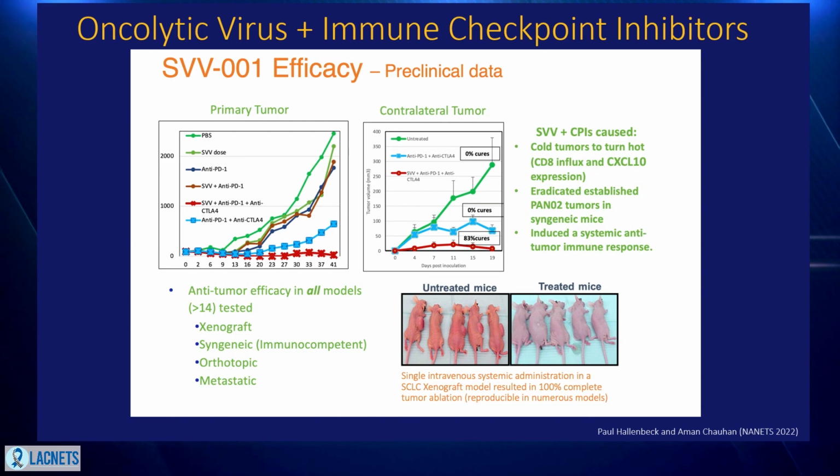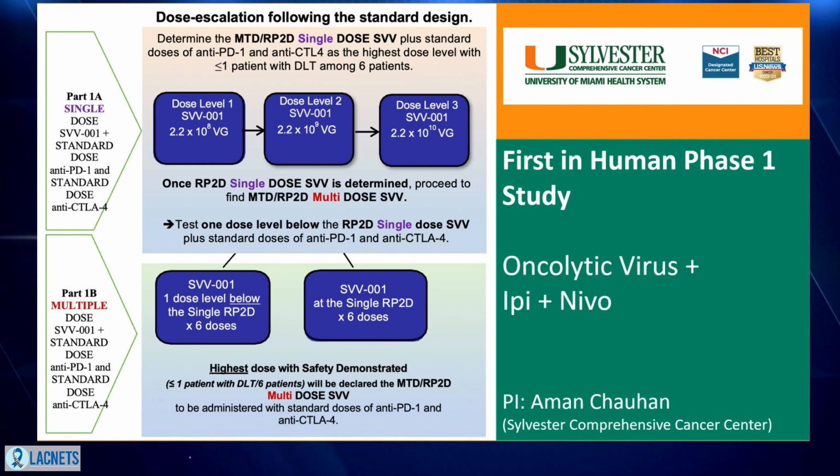In this slide, you can see one injection of Seneca Valley virus into these tumors in the mice eradicated these tumors and had durable long-term cures. So we are really hoping to translate this concept from lab to humans, and we are very close to launching this. Maybe another 2 to 3 months, we should be up and running for enrollment in a first in human phase 1 study.